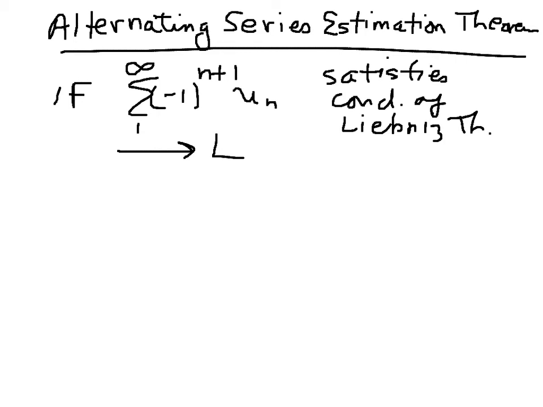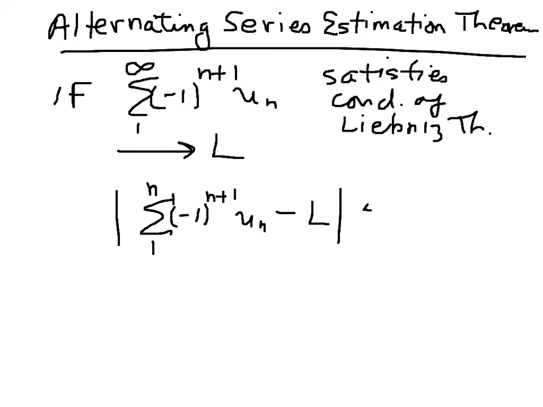then here's what this series estimation theorem says: if we look at just a partial sum, the nth partial sum, how much does it differ from L? Well, it differs from L by less than or equal to the next term. And there's a very simple, easy visual way to look at this, because each term either pops above or below the actual value of the limit.